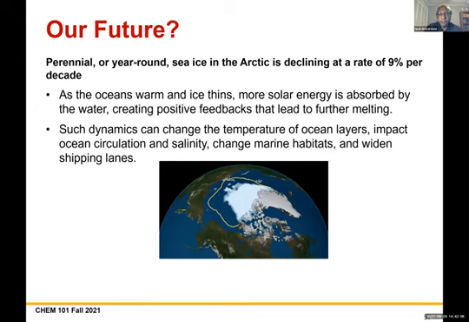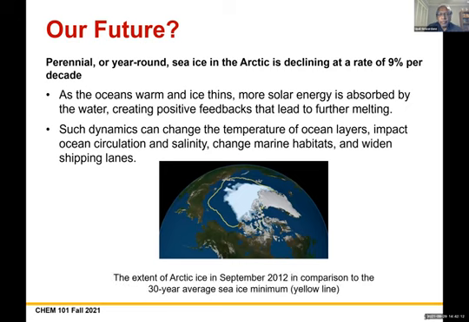This diagram shows how the Arctic ice caps have melted over a period of time. The 30-year average sea ice minimum, the yellow line, is the original line. So we are reducing our Arctic ice.